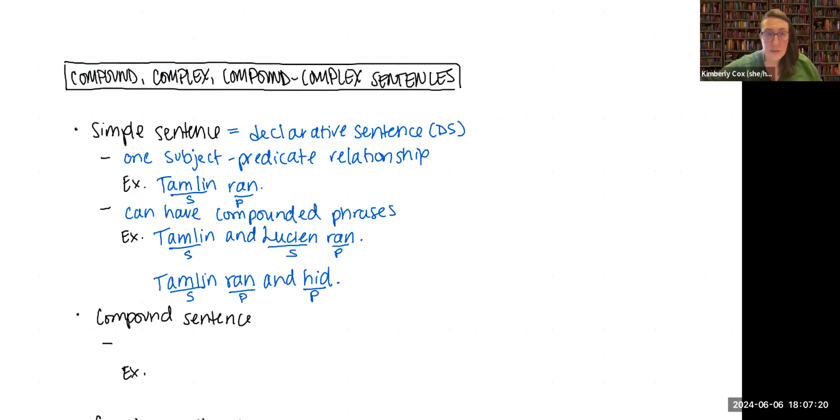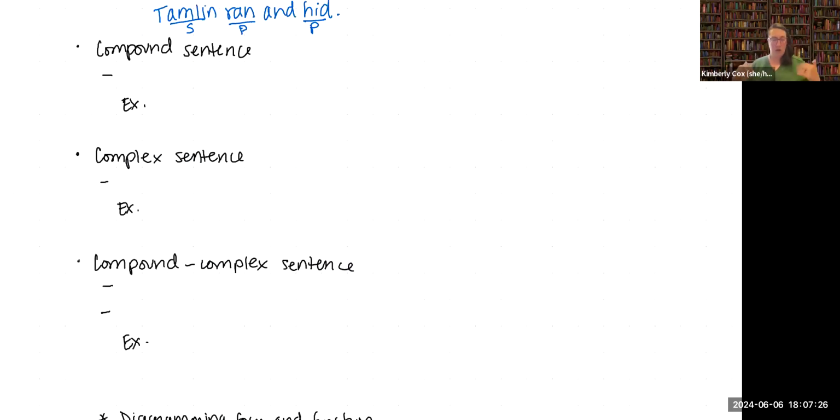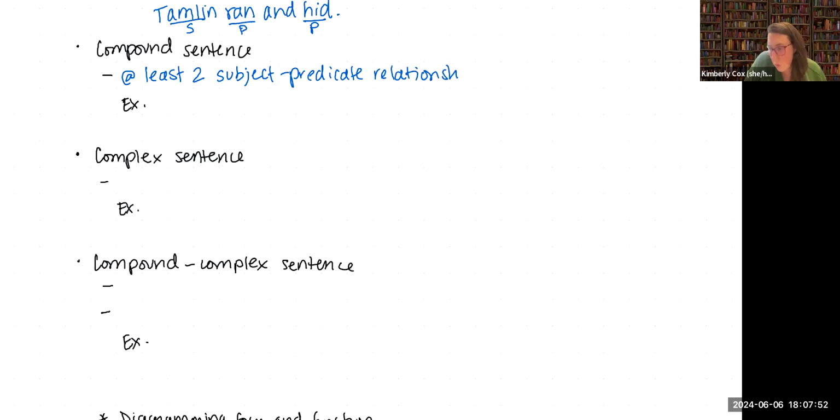Now that gets a little bit different when we get down to compound sentences. And so we're going to talk about compound, complex, and then compound complex. So when you're dealing with a compound sentence, what you are dealing with is at least two subject, predicate relationships with a coordinating conjunction.